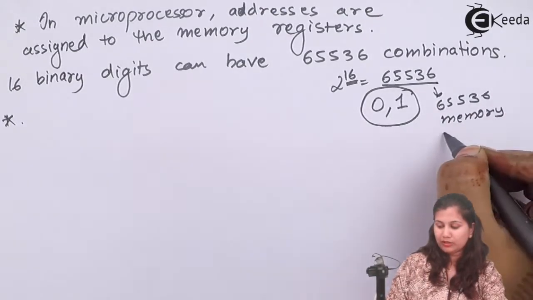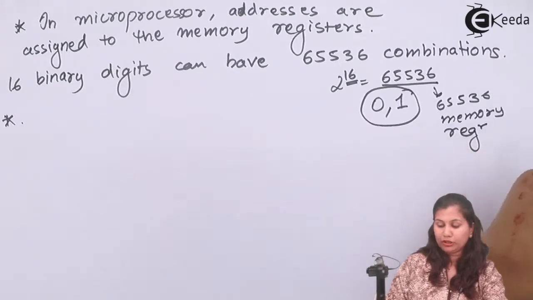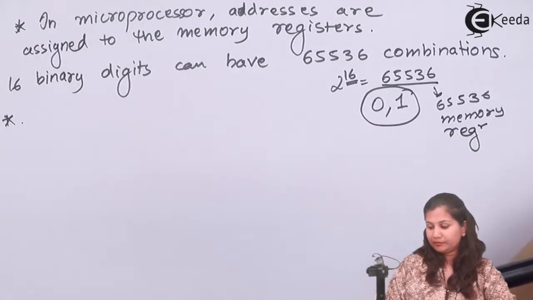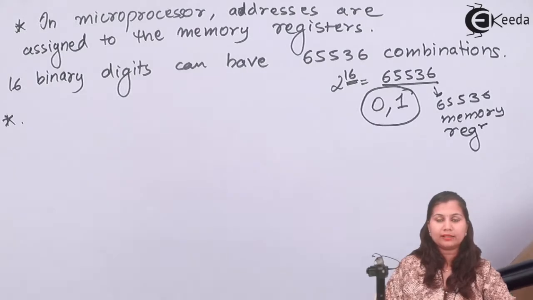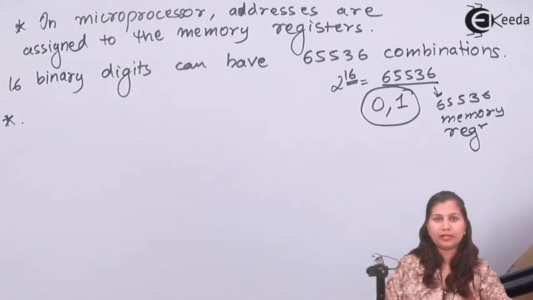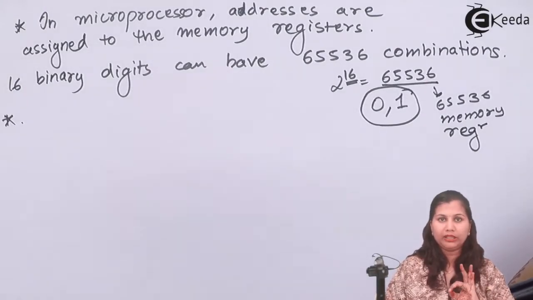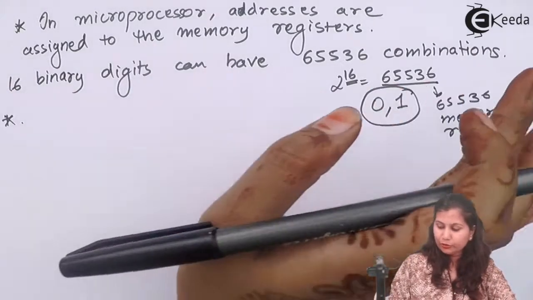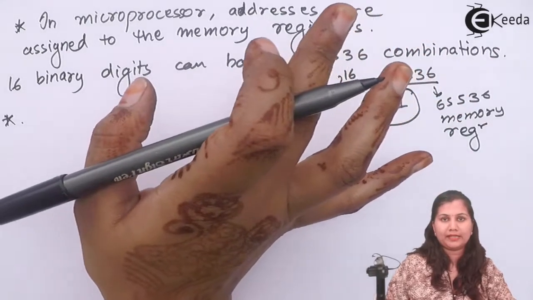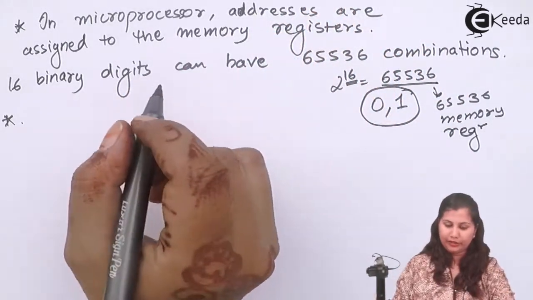Each memory register will have a particular, unique memory address that is not shared by any other memory register, and using this address, the microprocessor can point out that memory register.